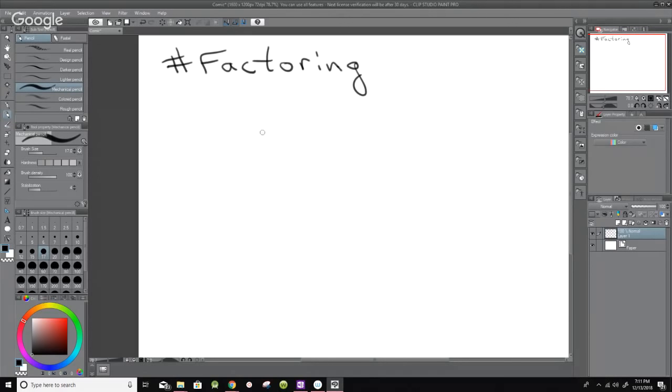So let me give an example of that real quick. Let's say the teacher gave you on the test something that looks like this. And we said we know because it's a quadratic equation and it's squared, we expect to have two roots.